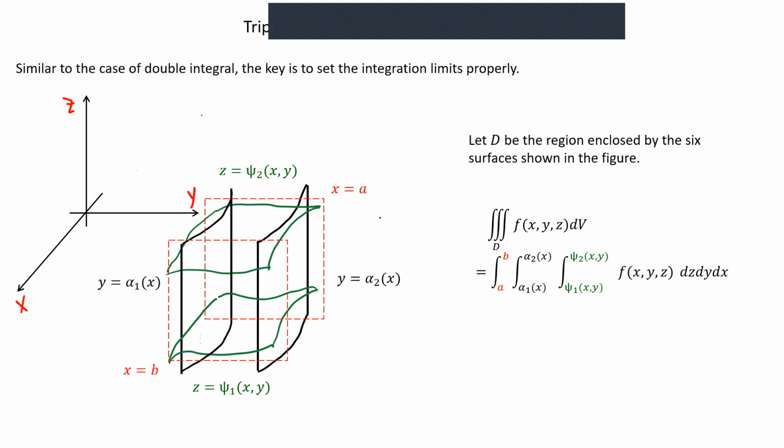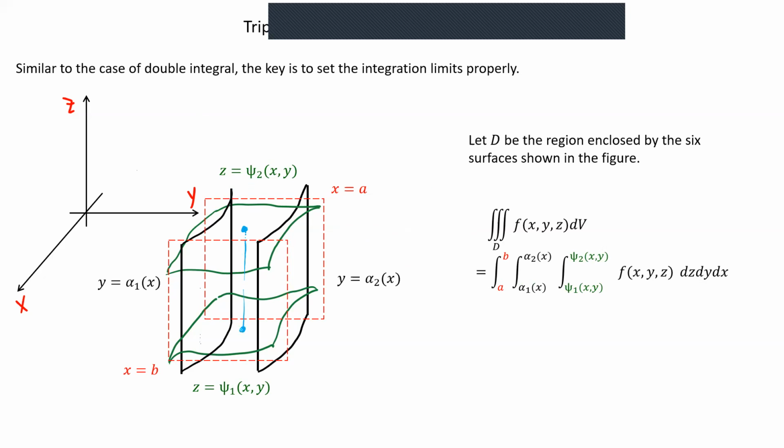So that means I'm going to consider a line like this first. The upper end of this line would be a point on this upper green surface.